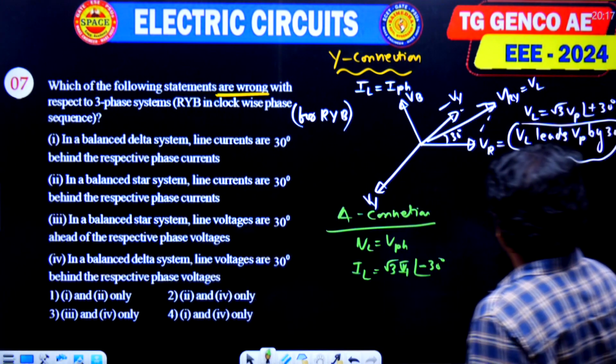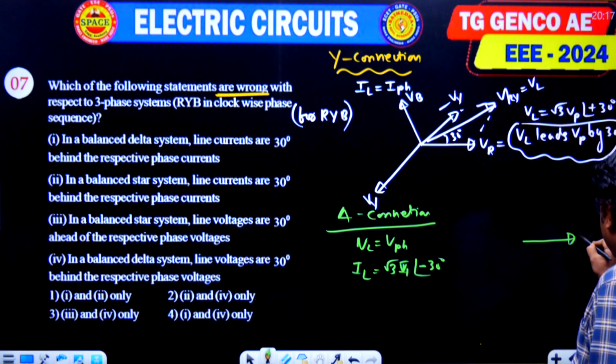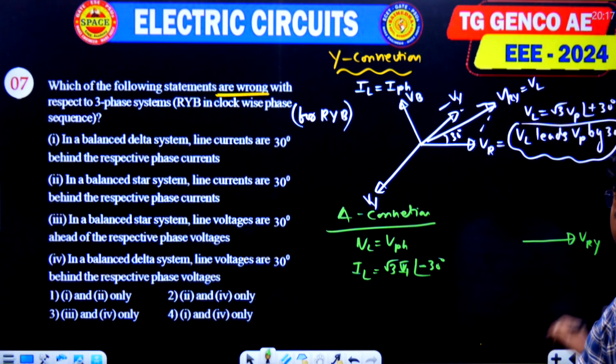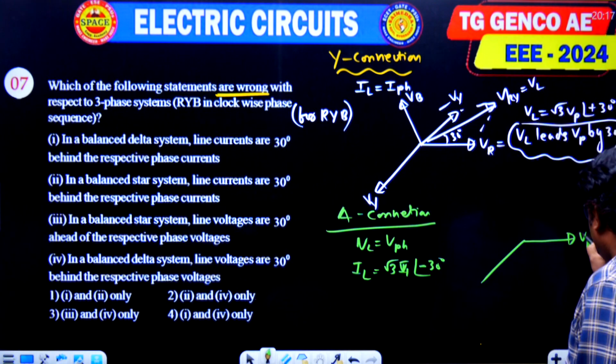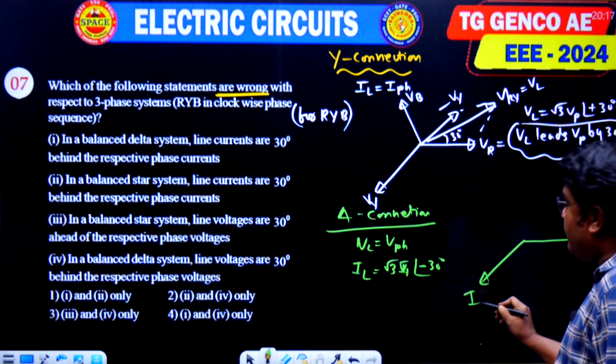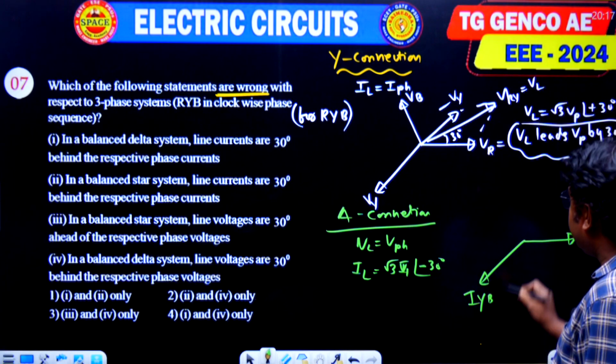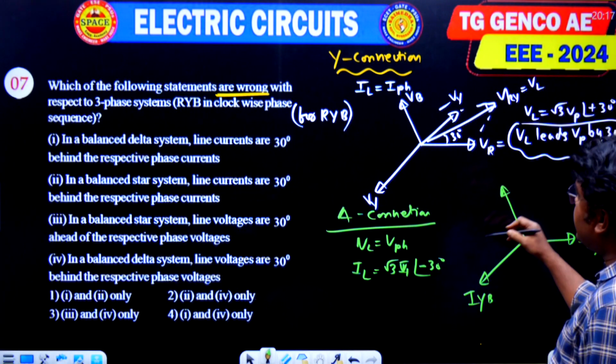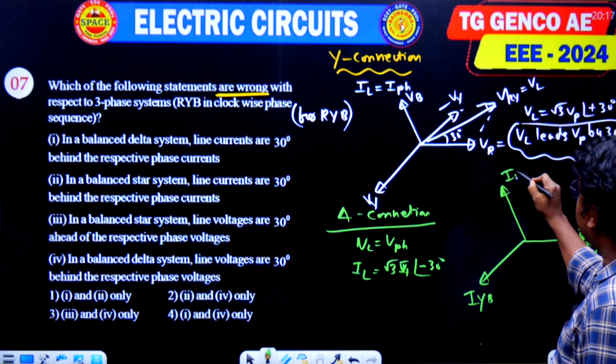Just verify: suppose this is the VRY voltage between the lines, and this one is the IRY, this one is the YB current in the YB phase, and this one is the BR current in the BR phase.